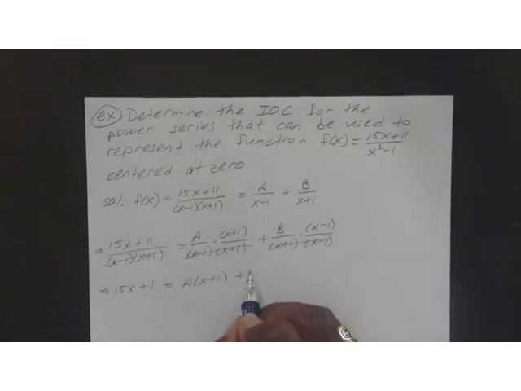And we know if we multiply them each by the common denominator, those will all cancel out. So we have 15x plus 11 is equal to a times x plus 1 plus b times x minus 1.